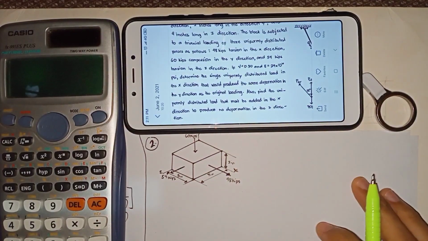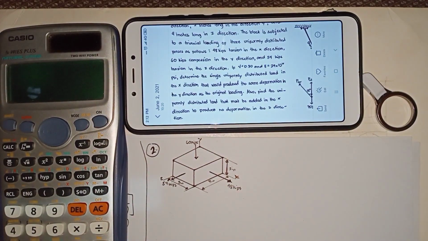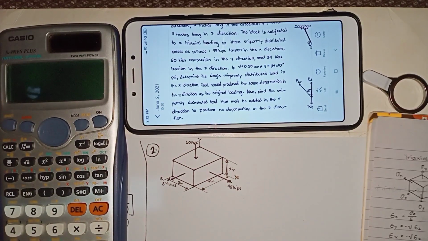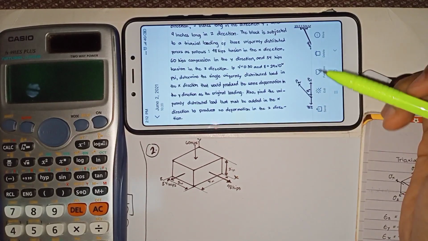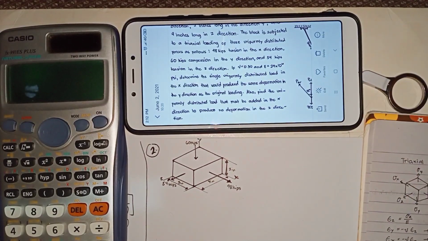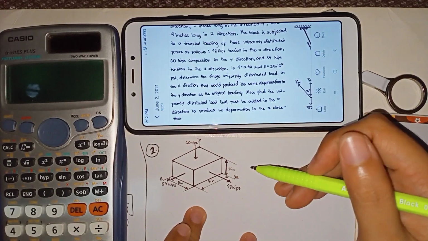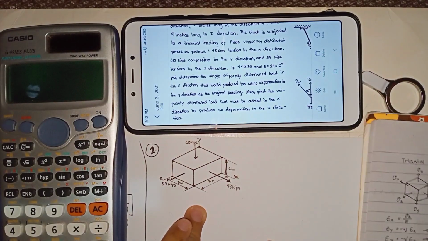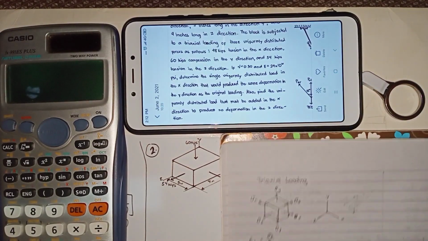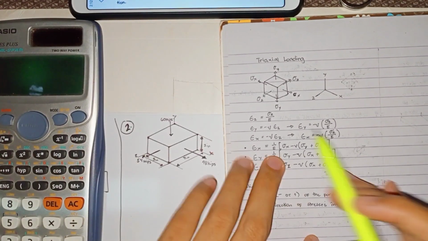Okay, so para mas maintindihan natin, isolve natin ito siyang problem. So, before we solve, kailangan natin hanapin yung mga given. So, first na gagawin natin ngayon is hahanapin natin ang stresses. So, agad-agad na natin hahanapin ang stresses kasi ang problem na ito is belong siya sa uniaxial and multi-axial, where yung mga formula na ginagamit dito is ito.